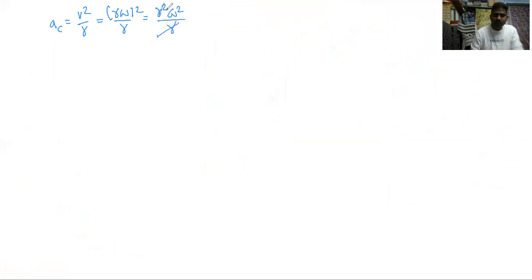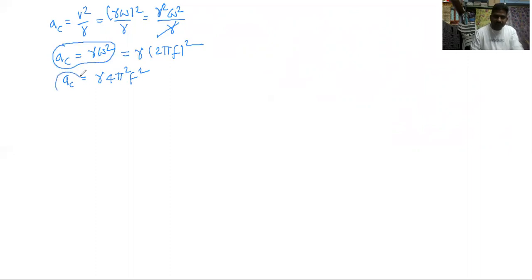See here, r cancelled. So centripetal acceleration is r omega square. I can also write this as r into omega, where omega is 2 pi into frequency. So this centripetal acceleration is r into 4 pi square f square. So this is the centripetal acceleration in terms of omega, and this is the centripetal acceleration in terms of frequency. Remember these two.